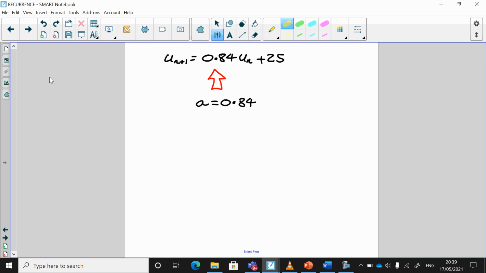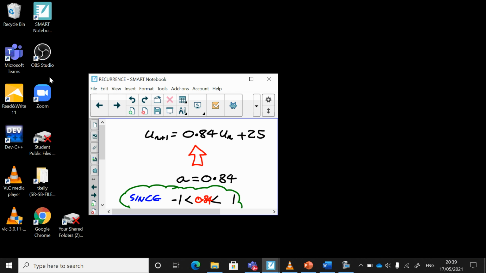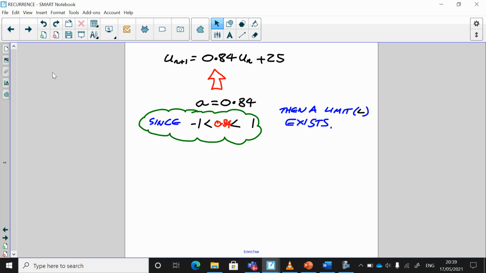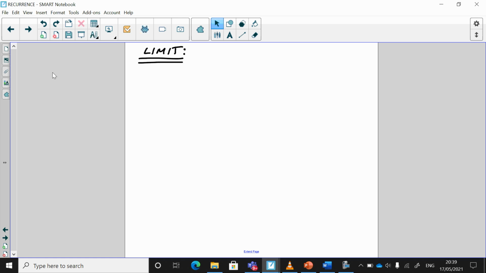Again, check for the A value. It has to lie between -1 and 1 here. Behave yourself, computer. It has to lie between -1 and 1, and it clearly does lie. So that means a limit does exist. Right, let's go and get it.